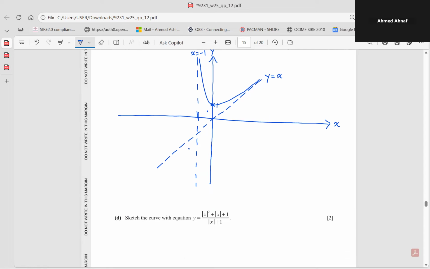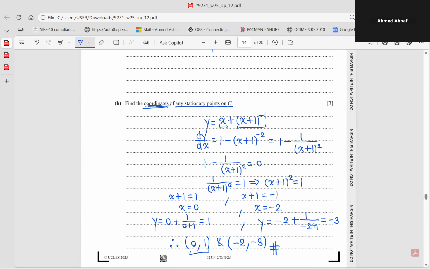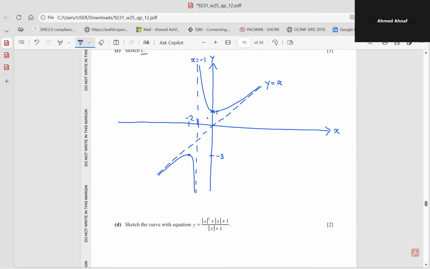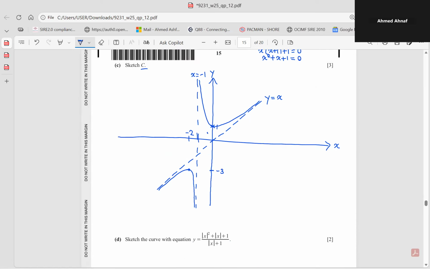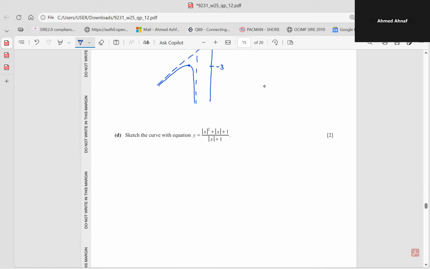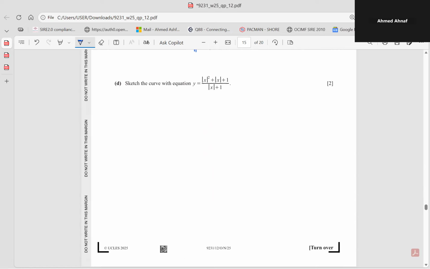So -2 is around here, and then this is -3. So it's around where I drew this dot. This is the other branch. And since there are no x-intercepts, this is going to be our final answer for this part. Let's move on to the next part.